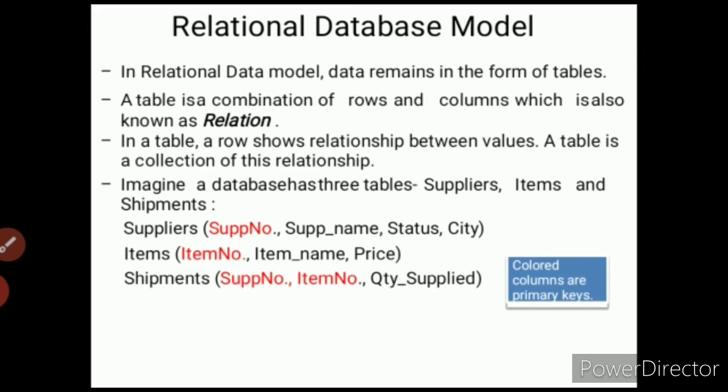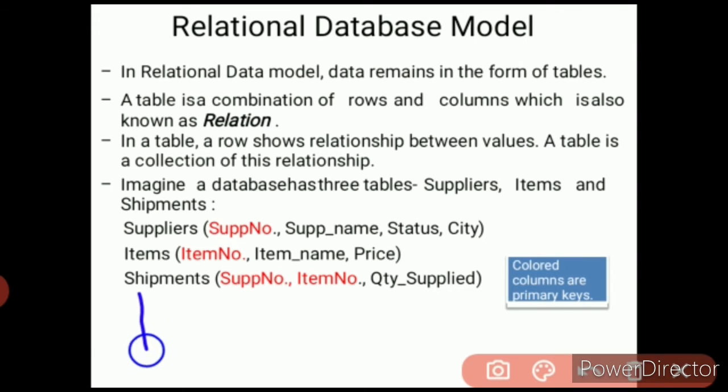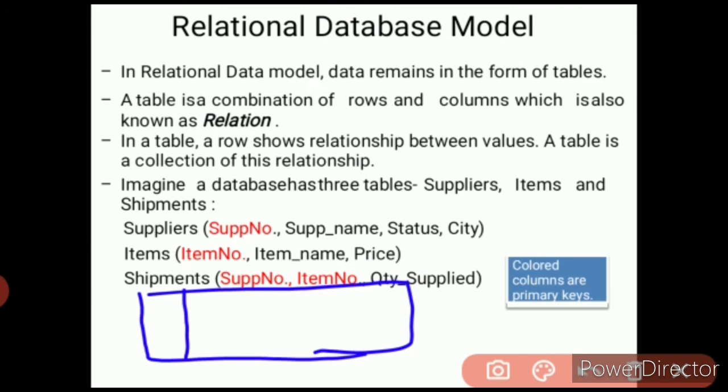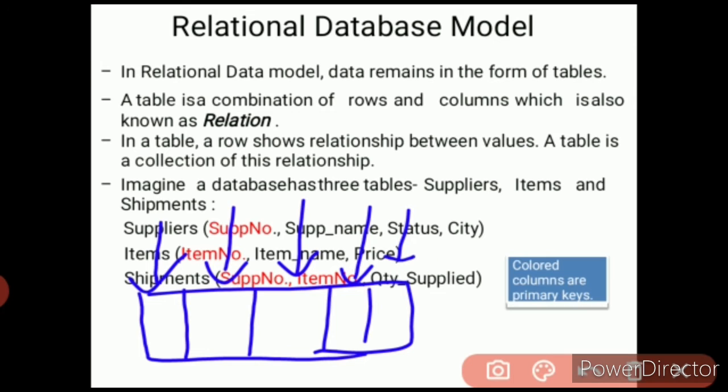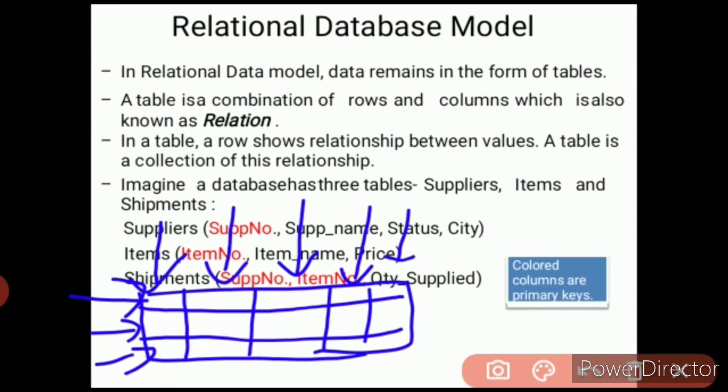A table is a combination of rows and columns, which is also known as relations. Here you can see I'm making a small table, and these vertical values are known as the columns of the table, and whatever values we have like this are all known as the rows, right?